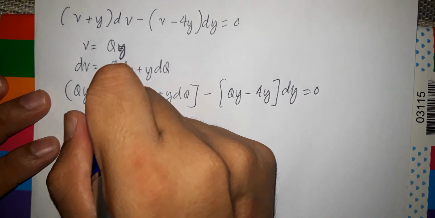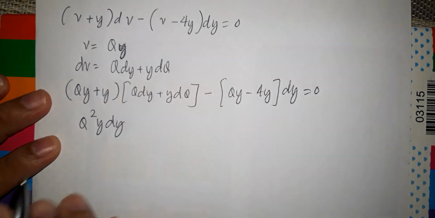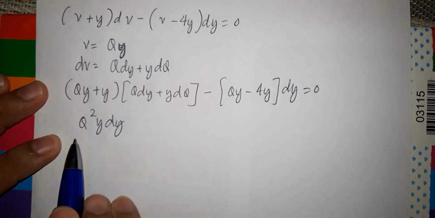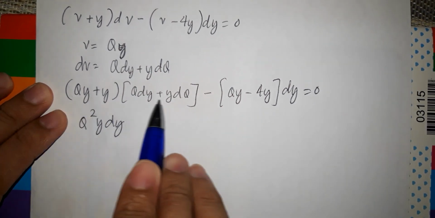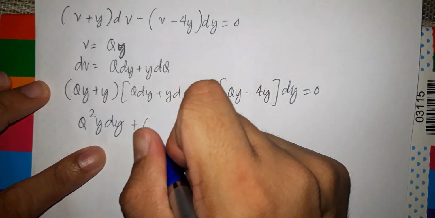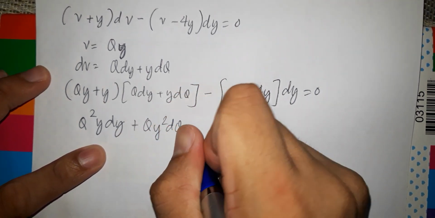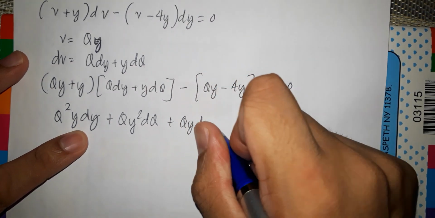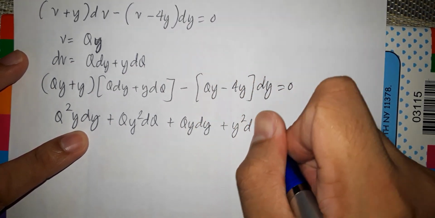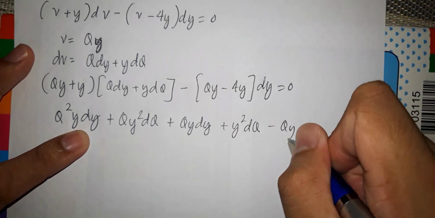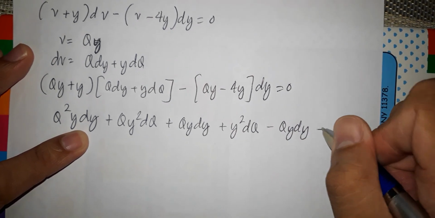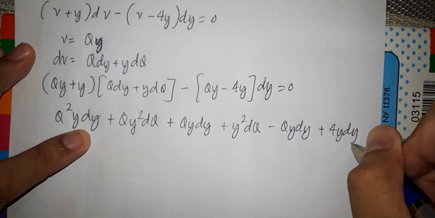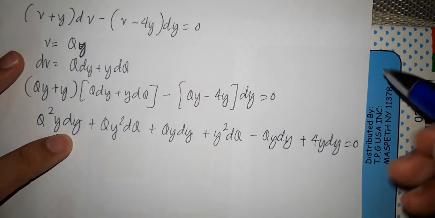This gives q squared y dy. Qy times q is q squared y dy. Then qy times y dq is qy squared dq plus qy dy plus y squared dq minus qy dy plus 4y dy is equal to 0.